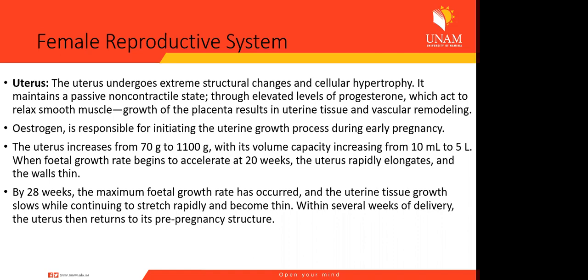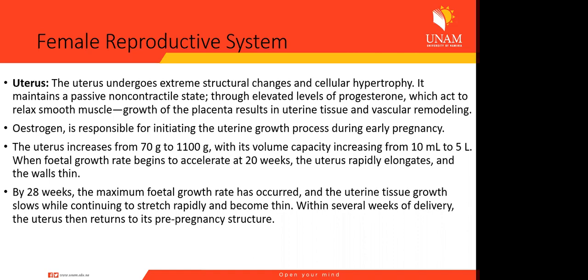Due to the elevated levels of progesterone, it is maintained in a passive, non-contractile state until the time of delivery. Progesterone also aids the growth of the placenta and the vascular remodeling that takes place between the mother and the child through the placenta.